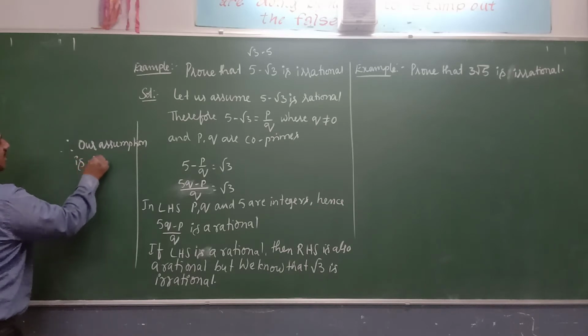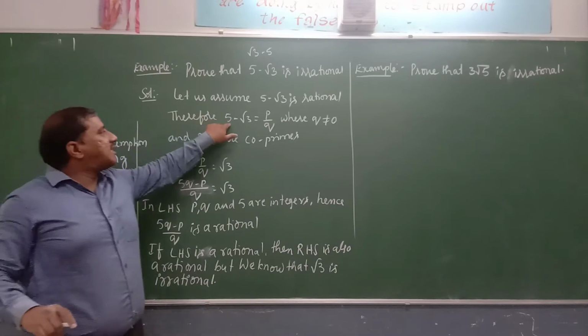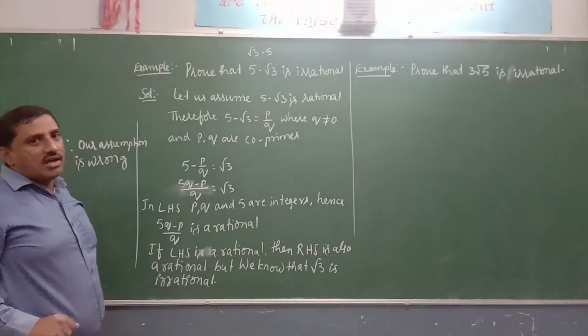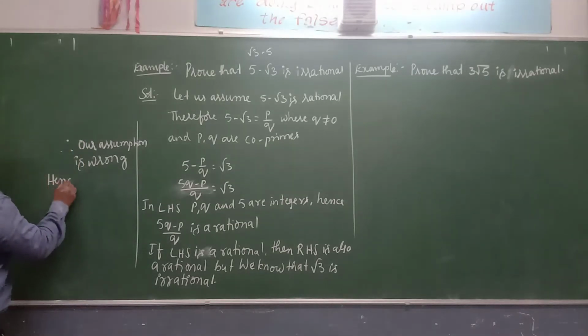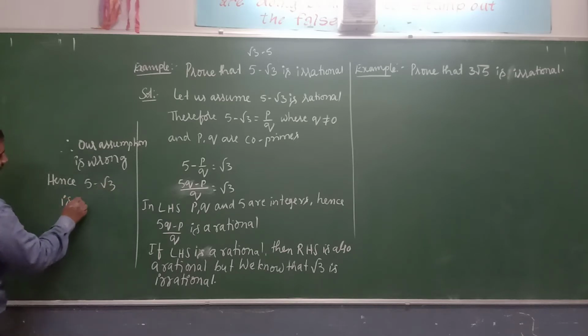What is our assumption? That 5 minus root 3 is rational; we have taken it as an assumption. Hence 5 minus root 3 is irrational.